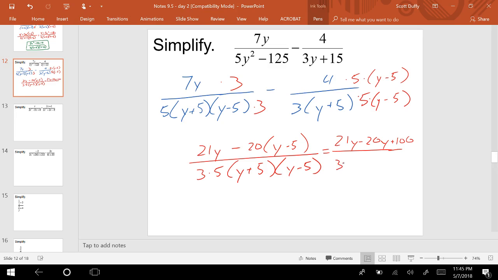All over 3 times 5, which is 15, times y plus 5 times y minus 5. Then go back and you see 21y minus 20y is just y plus 100, all over that denominator of 15 times y plus 5 times y minus 5.